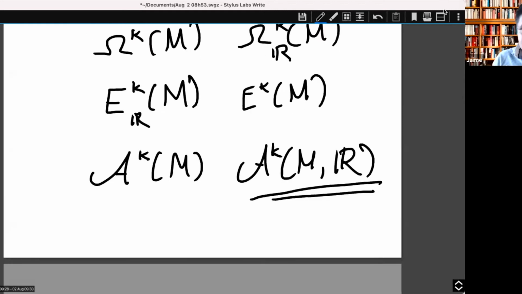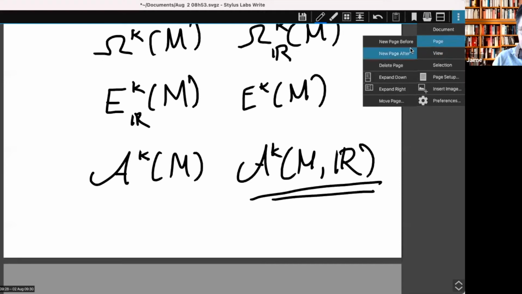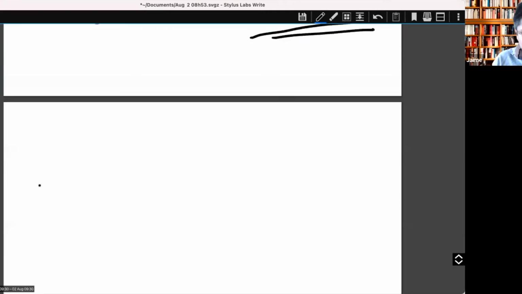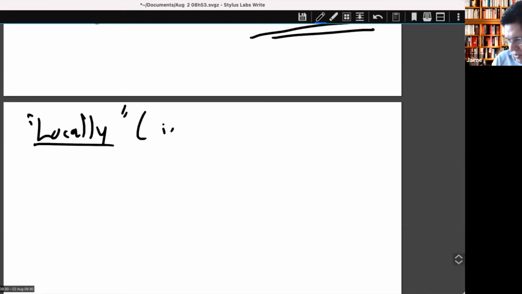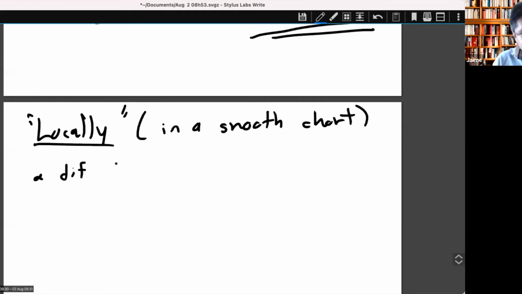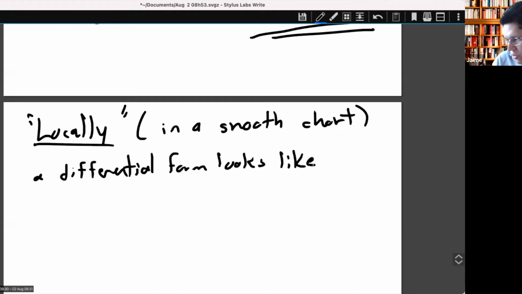So locally, what do we mean by the word locally? That means in a smooth chart, a differential form looks like this, and this is the picture we have when we start to learn these words. Locally it is just something like this, which you already know.